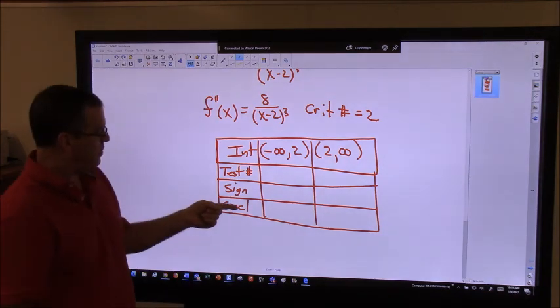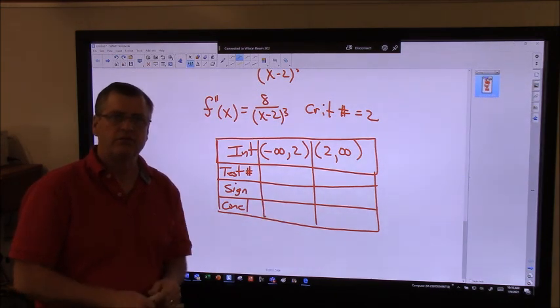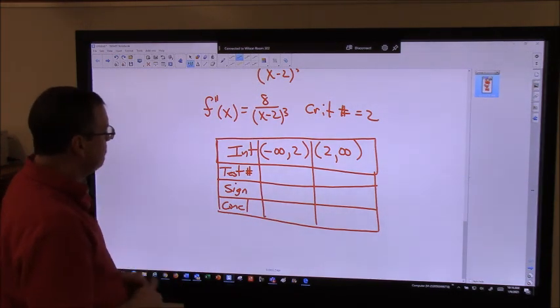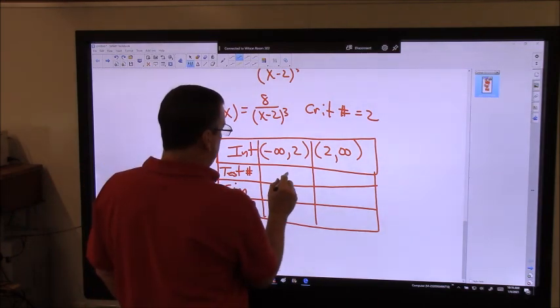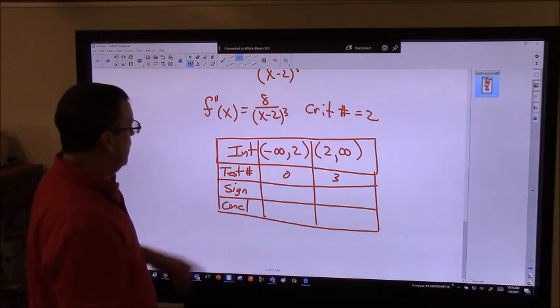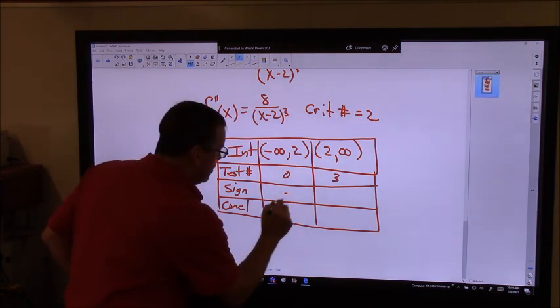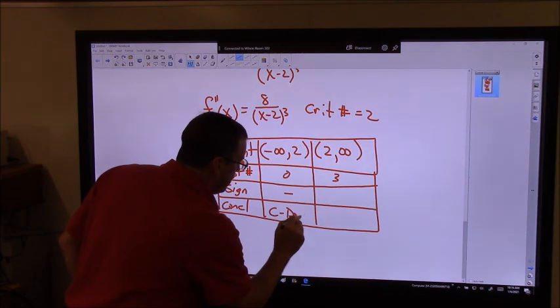This time when we draw the conclusion, we're trying to figure out, is the graph concave up or concave down? Okay. So my test number here will be 0. My test number here will be 3. If I plug in a 0, I've got negative 2 to the third power, that's negative 8. So a positive divided by a negative, that's negative, and we are concave down.